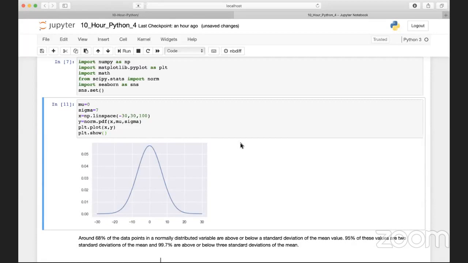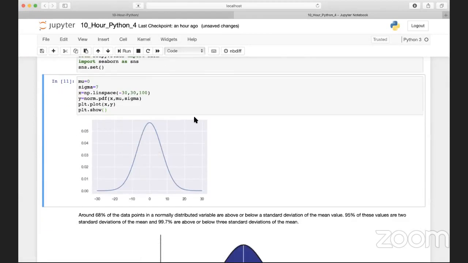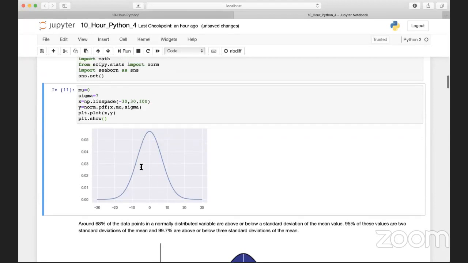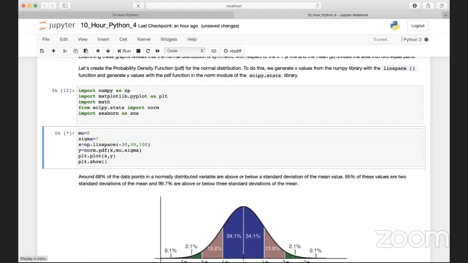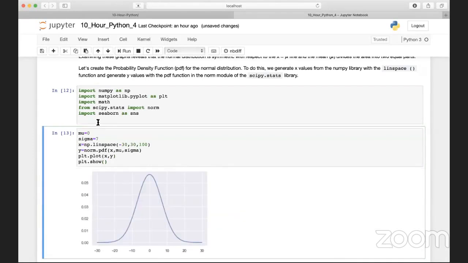Okay, but the normal distribution is completely different. So why do we need to declare sns.set? Just to let you know, you don't need to have it. If you don't apply sns.set, you don't have this grid and light blue background.